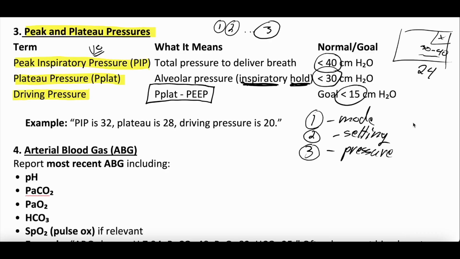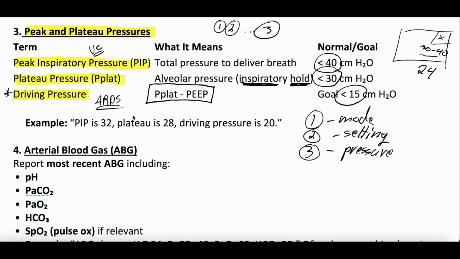Their FiO2 is 40%, their PEEP is 8. Their I:E ratio is still 1 to 3. Their peak pressures range this morning from 30 to 40. Their plateau pressure, when I checked this morning, was 28, and their driving pressure is 14. All right, things are getting a little more tricky. But yes, peak and plateau pressures are the next things to add on, and then driving pressure is a nice bonus. This is particularly helpful if you have a patient in ARDS, okay?